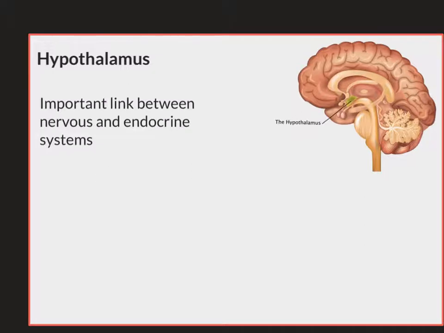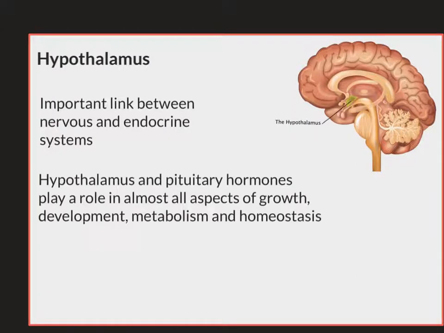The cells in the hypothalamus synthesize at least 9 different hormones.